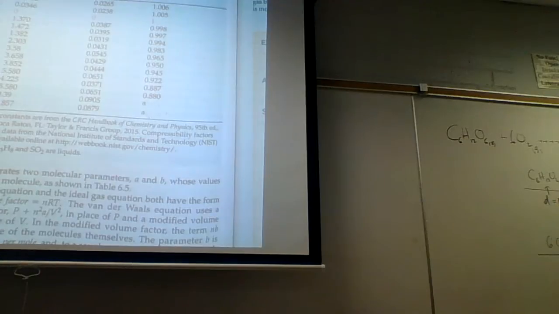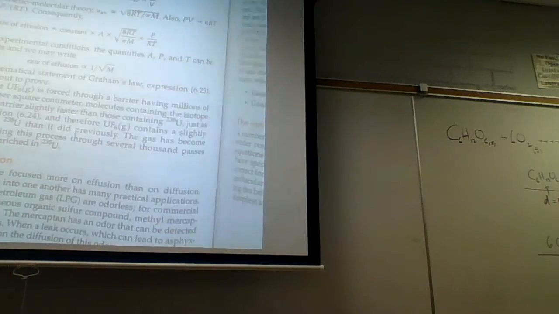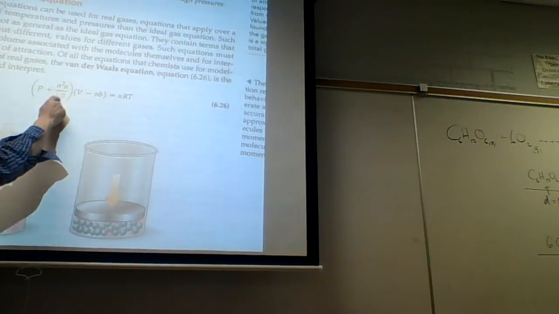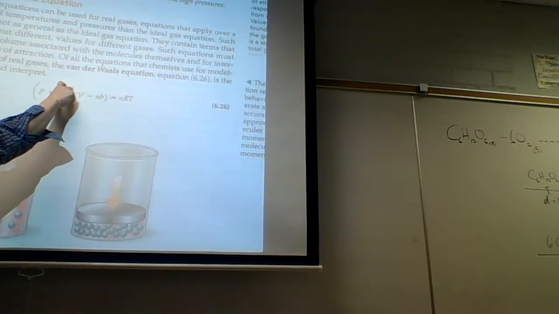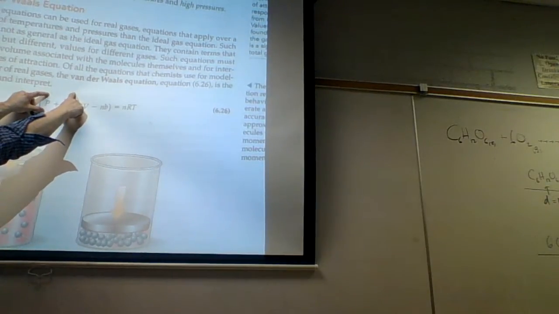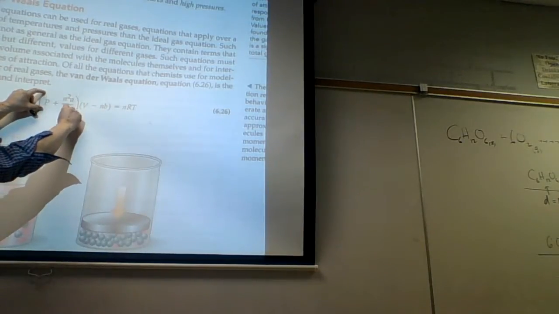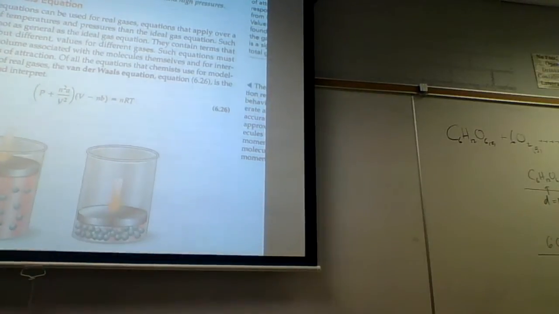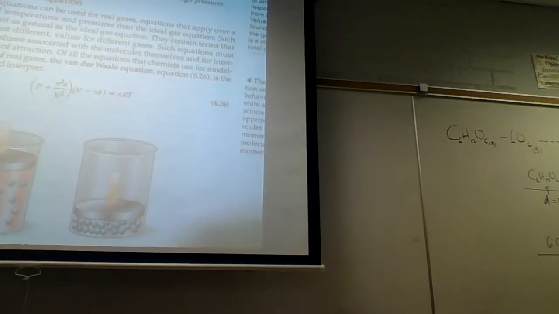All right, what does that term do? Let's look at its impact. As a grows bigger, this term grows bigger. As this term grows bigger, the pressure has to grow smaller to compensate. So as a grows bigger, the pressure goes down.